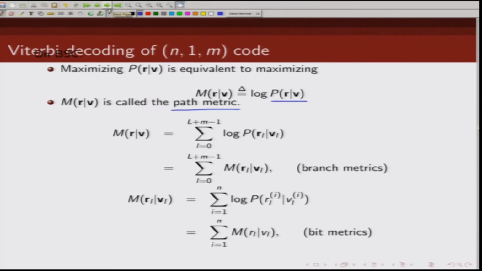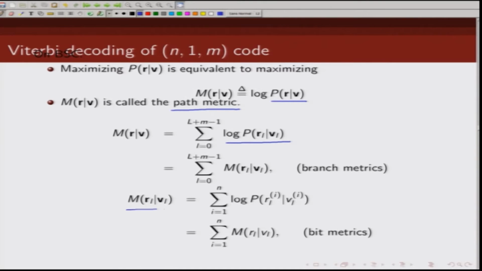So we can write the path metric as the summation from 0 to L plus m minus 1 of log of probability of Rl given Vl, and we call this our branch metric.